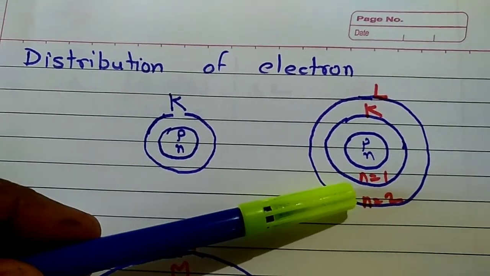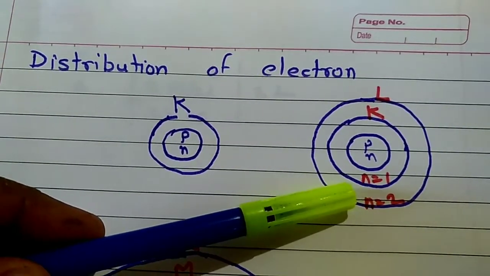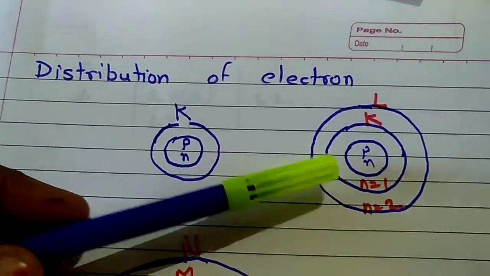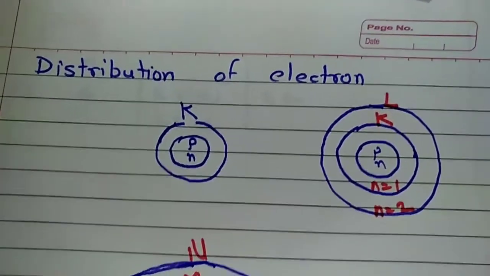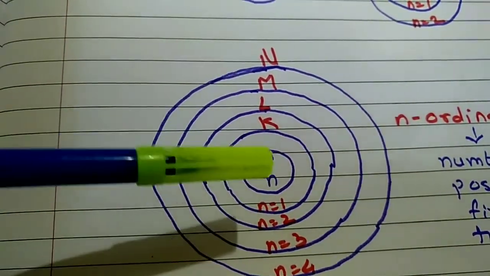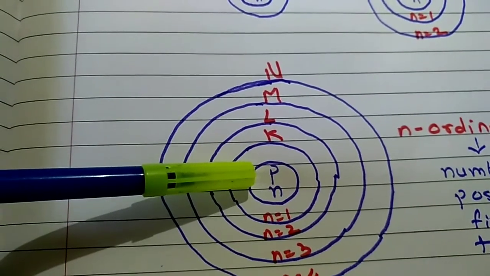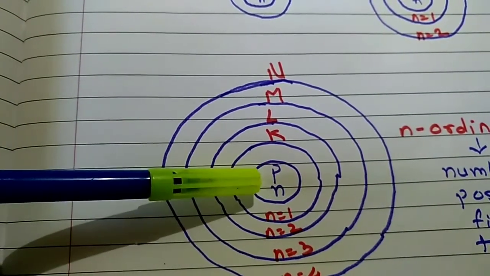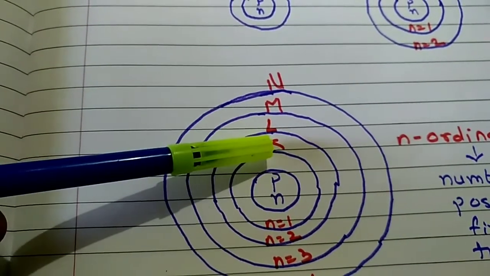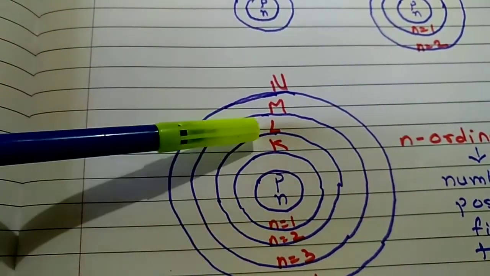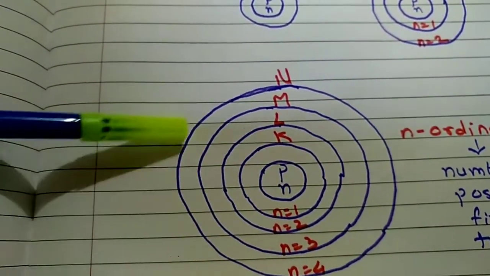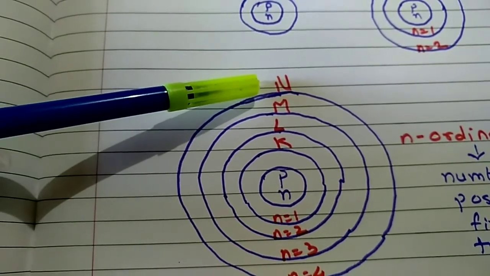So the second shell is named as L. First shell is named as K. You will see here total number of shells of atom. At center nucleus is present. Then first shell K shell, second shell L shell, third shell M shell, and fourth shell's name is N.